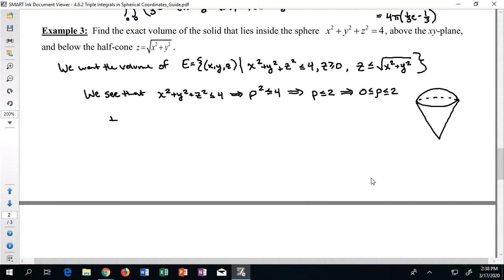So this seems pretty obvious that theta is going to have to go from 0 to 2 pi to get all of the space that we need.